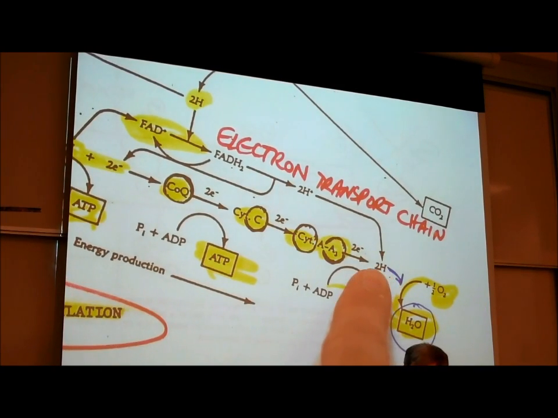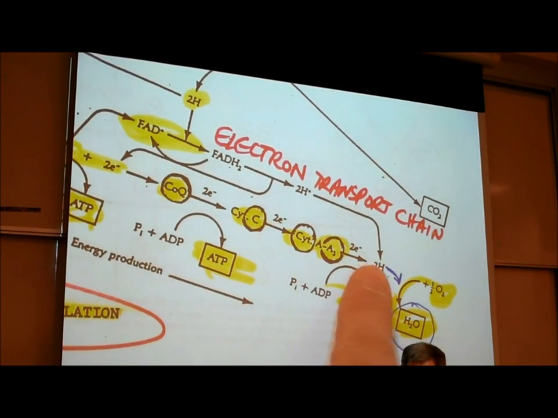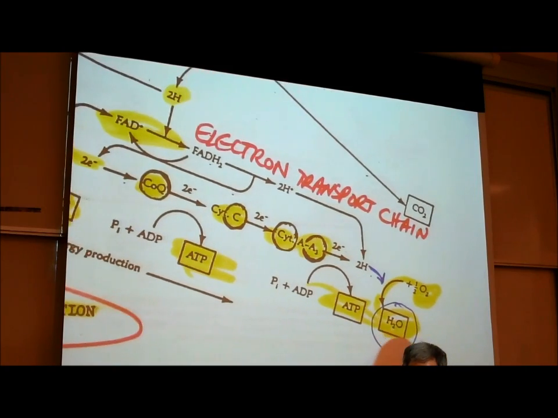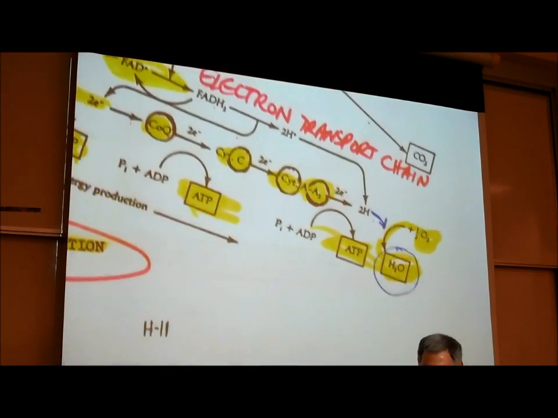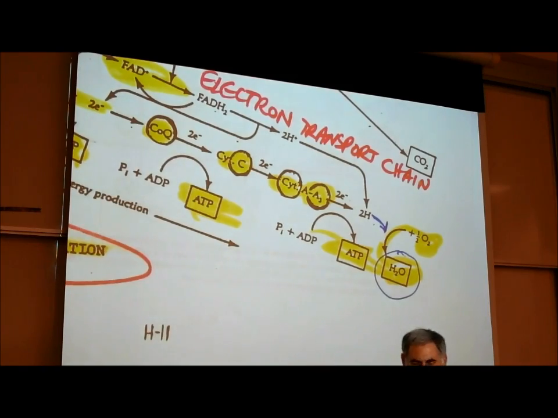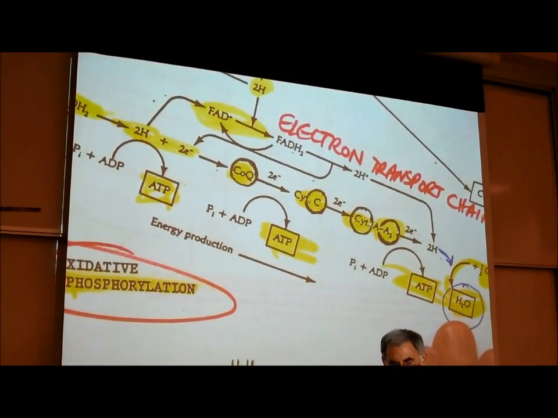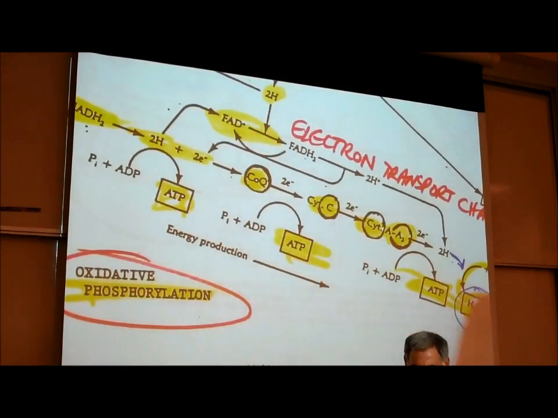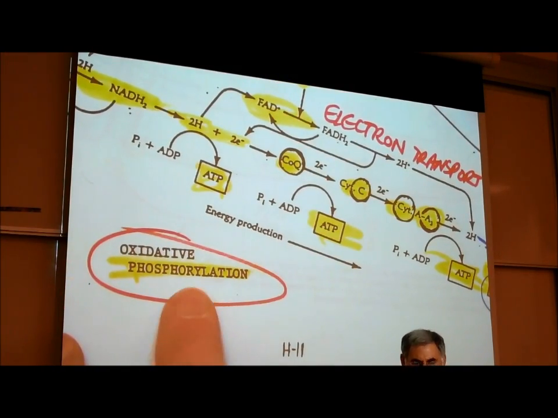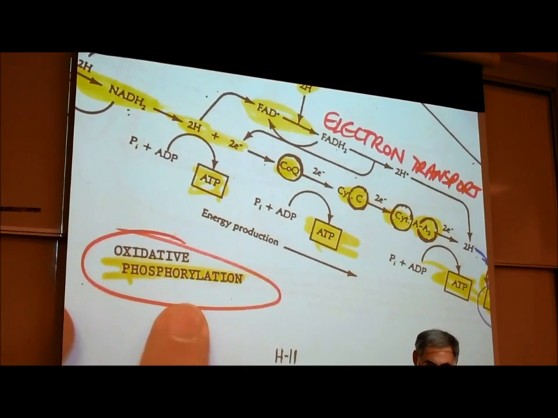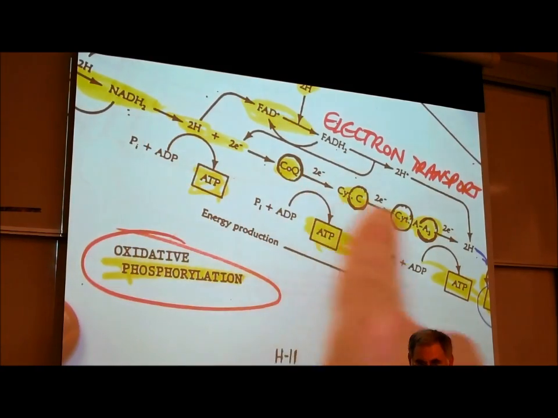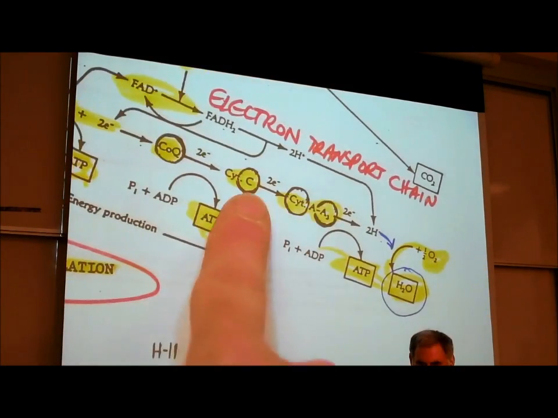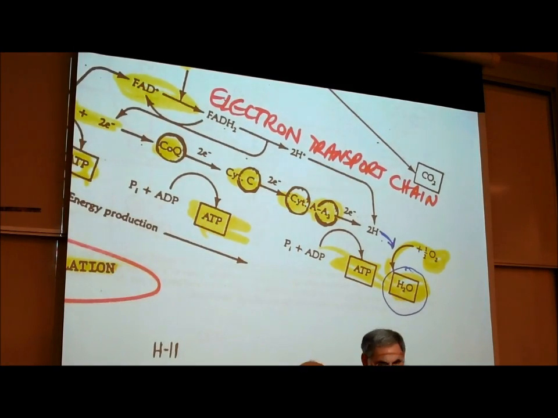Finally, what happens to the cooled down hydrogens? The cooled down hydrogens are attached to oxygen to form water. This is just another diagram showing the same thing that we showed you on H10. What do we call this last series of reactions? Oxidative phosphorylation. Phosphorylation is the forming of ATP. Oxidative is getting rid of those hydrogens.